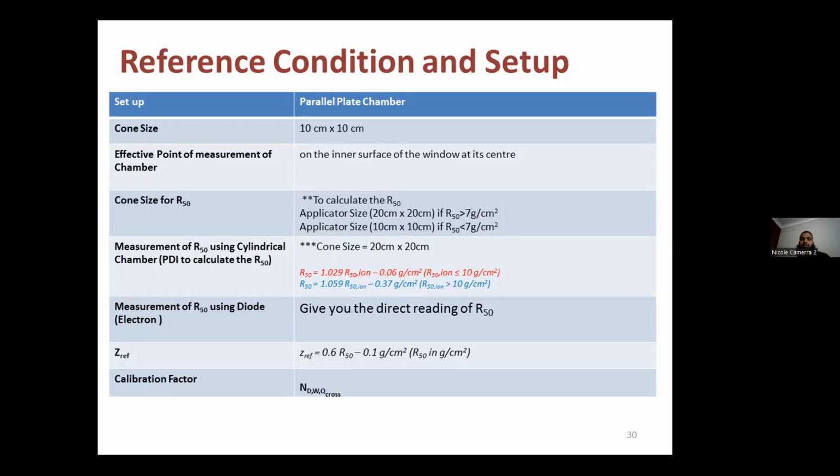So that is what is important: whatever field size your chamber is calibrated for in the primary or secondary standard, you should use the same field size for your reference dosimetry.